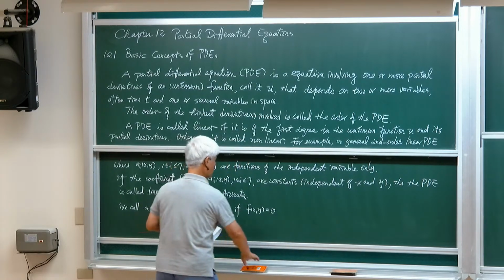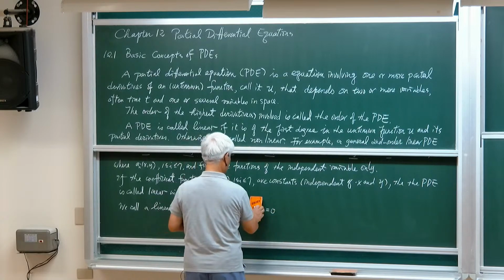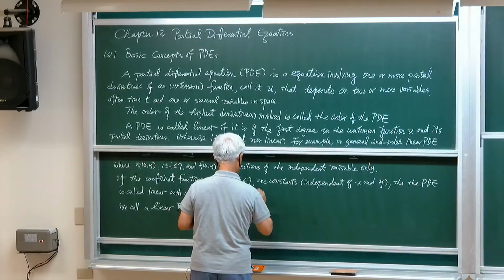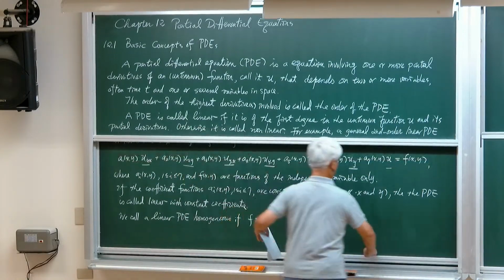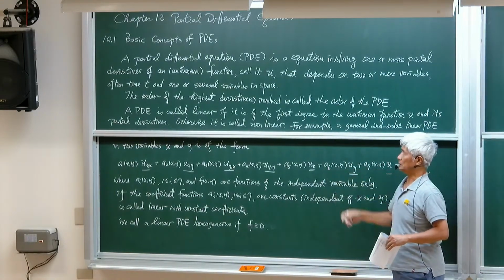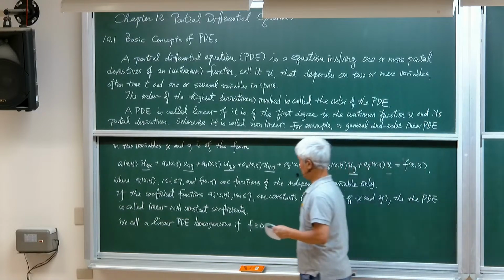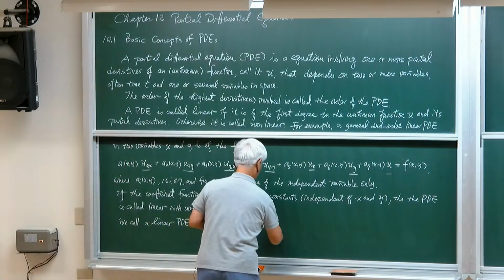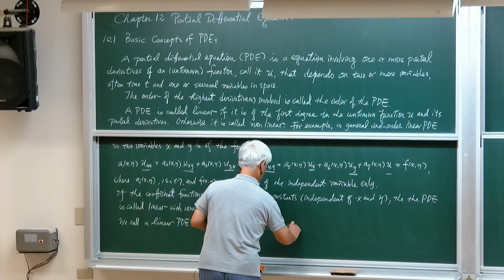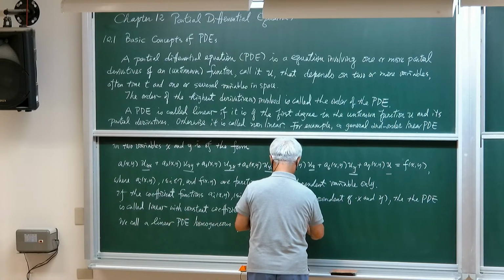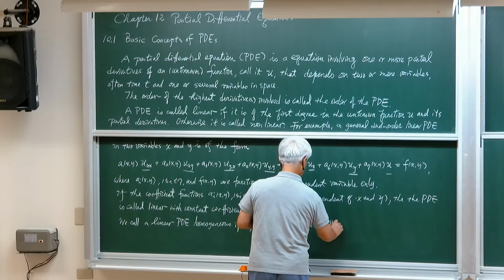Okay, so if the f function is the zero function, then this becomes a homogeneous linear PDE. Otherwise, it is called inhomogeneous.